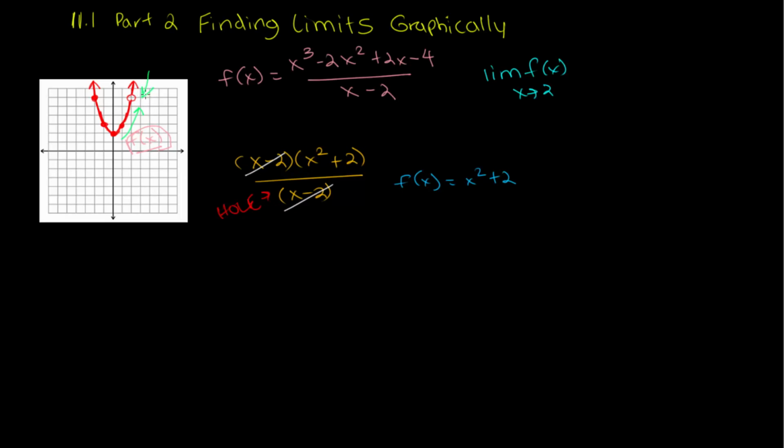We can clearly see that we're approaching this value right here as we get closer and closer from both sides, and that value is 6. So we're approaching the value 6 from both sides, so that's going to be our limit. The limit of f of x as x approaches 2 is equal to 6.